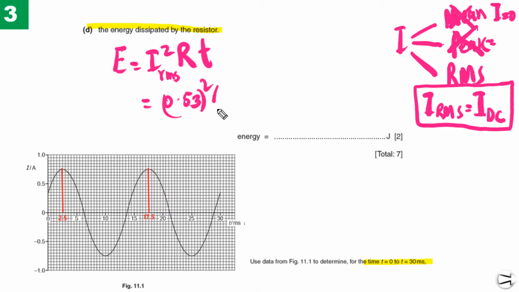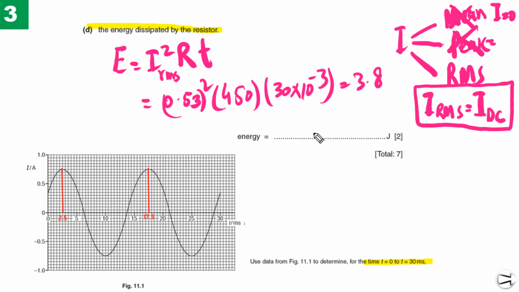This value we have just calculated in part C, and the resistance is given to us that was equal to 450 ohms, and the time is 30 milliseconds. So we just need to simplify this and we will get our final answer. So in this case, the final value of energy is equal to 3.8 joules. So this is our final answer.